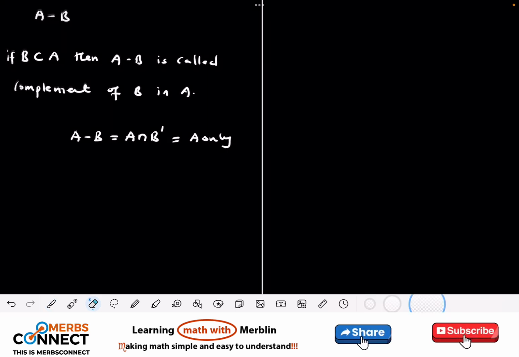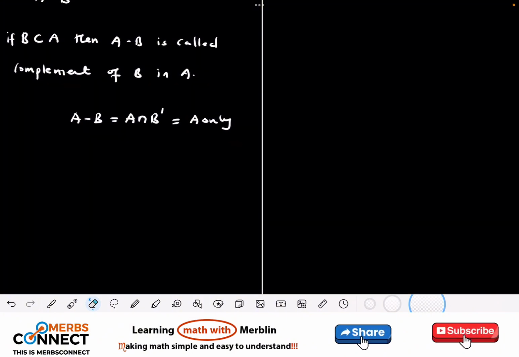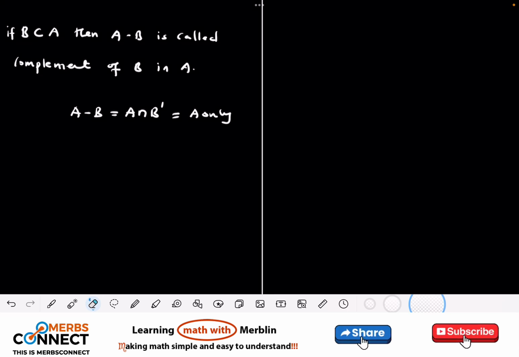And how are you going to write this? It's so nice. We started with the idea that if I have intersection, it is "and", and when we have union, it is "or".